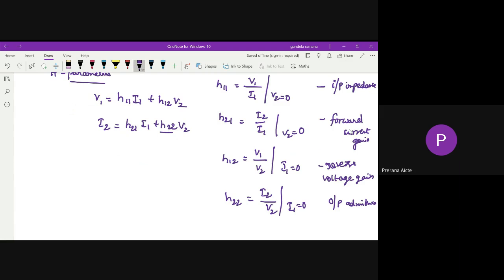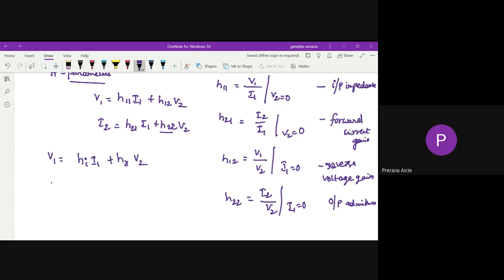So it will be converted to transistor parameters. V1 is equal to H11, which means input impedance, so HI I1, plus H12, which is reverse voltage gain, HR V2.